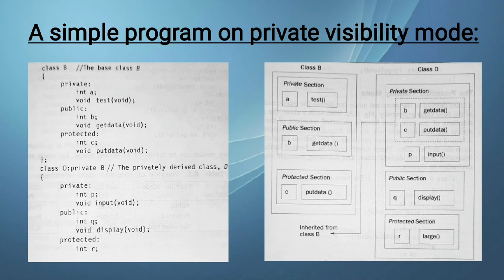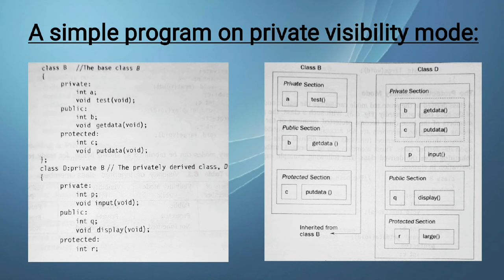In the first case, under the private label, you have one data member declared as int a, and one member function, void test(void). Both these members are private.